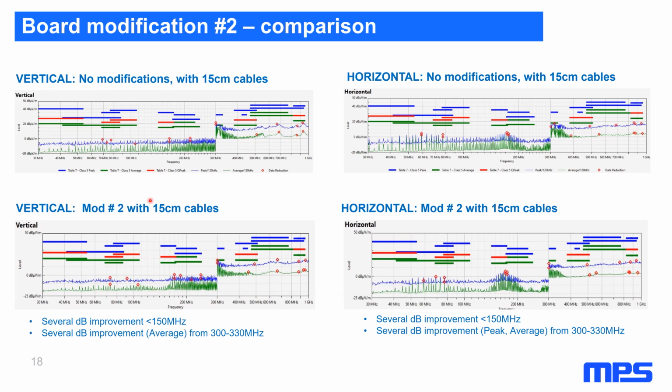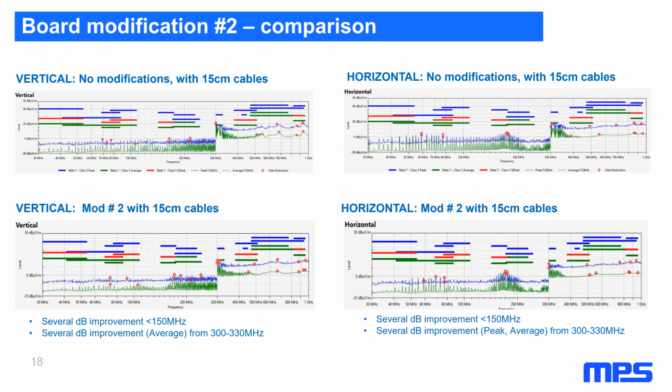If you look closely, the peaks in the original are a little bit higher in this range from 150 megahertz on down. On the bottom, you can see that they go down at least a few dB, several dB. And if I also look in the range from 300 to 330 megahertz, my average, which is my green waveform, actually drops a few dB as well.